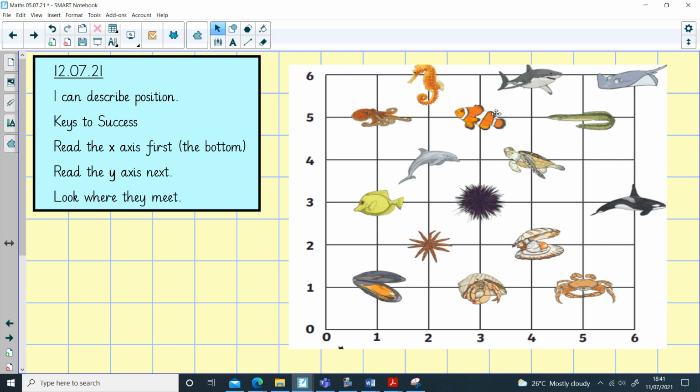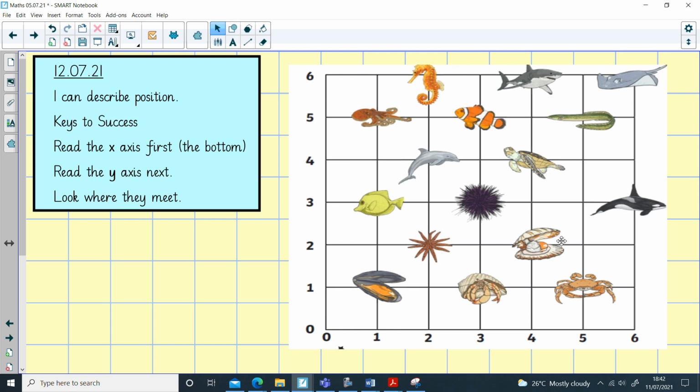So it might be a fish, it might be a shell, it might be a shape, it might be a spot, it might be a car, it might be a bicycle, it might be a cross. It doesn't matter, it's the same rule, okay?